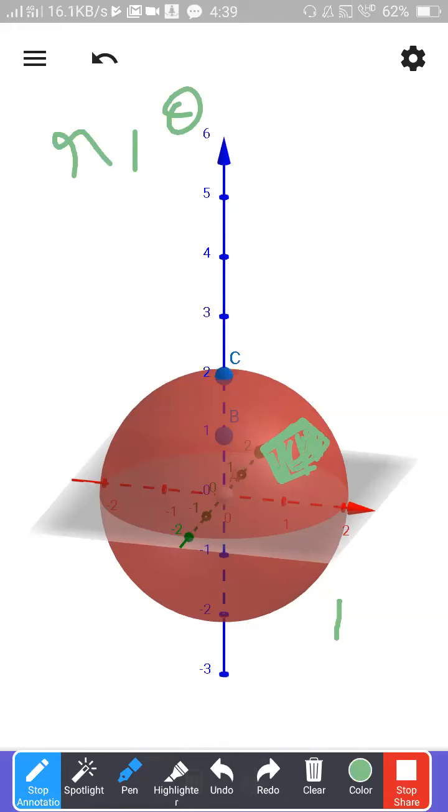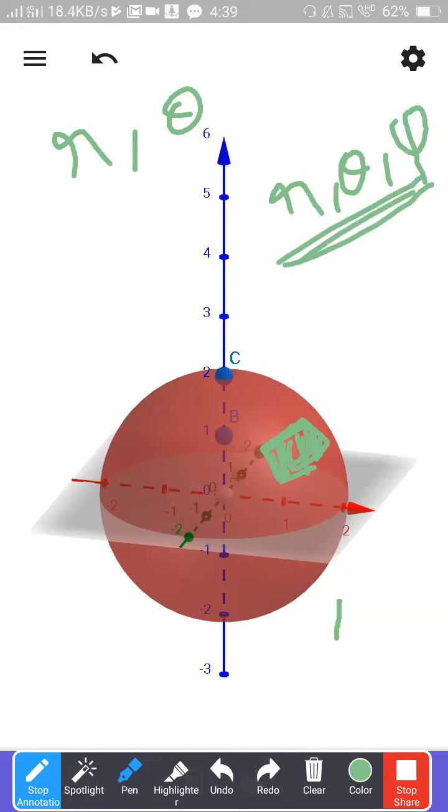There are three variables, r, theta, phi. What will be the constants, sir? I have already formed a sphere surface. On that surface, I am choosing some area, say elemental area dS. What is constant? Only r is constant.